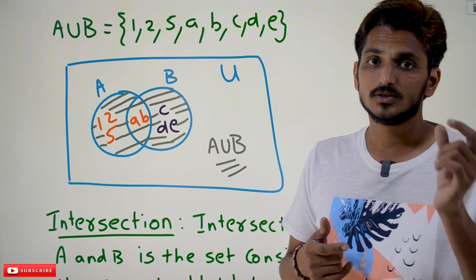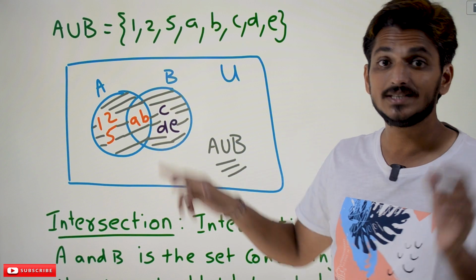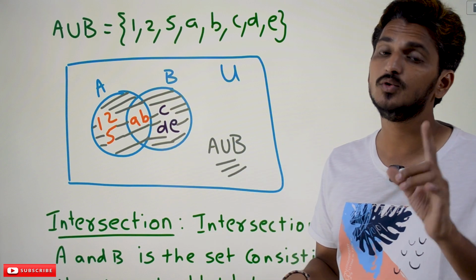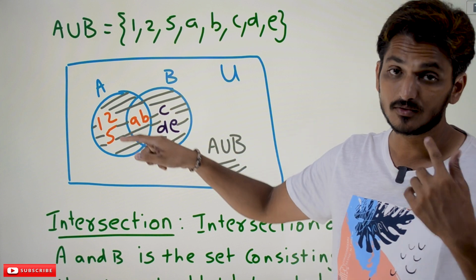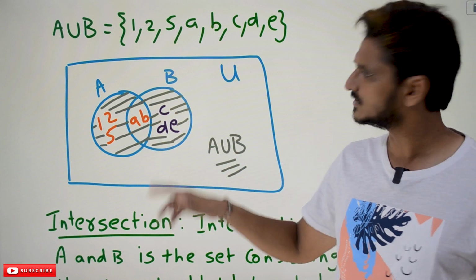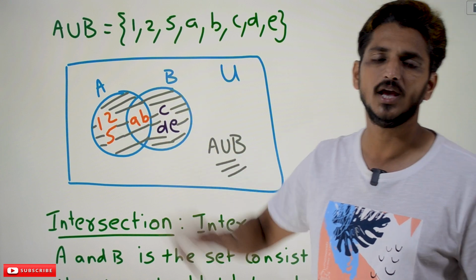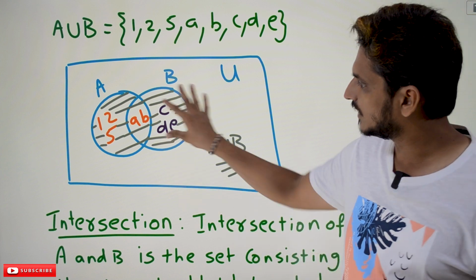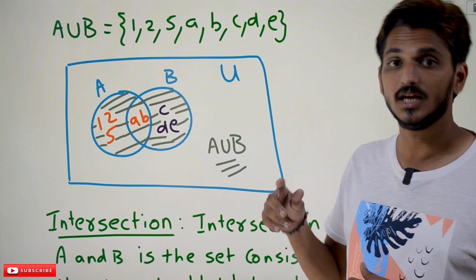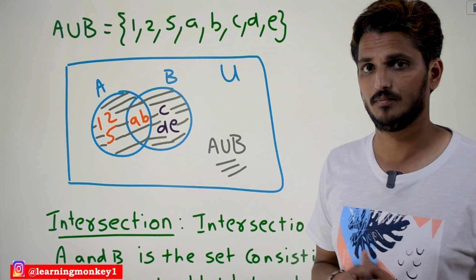So this is A, this is B. What is A union B? A union B is the dashed line area, the entire area that belongs to A and B. We call it A union B, all the elements. This is how we show it in Venn diagram form.